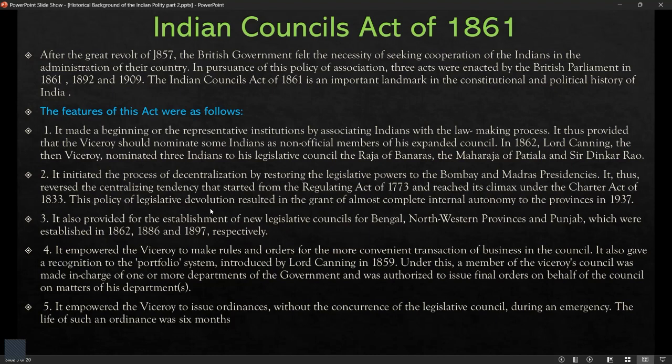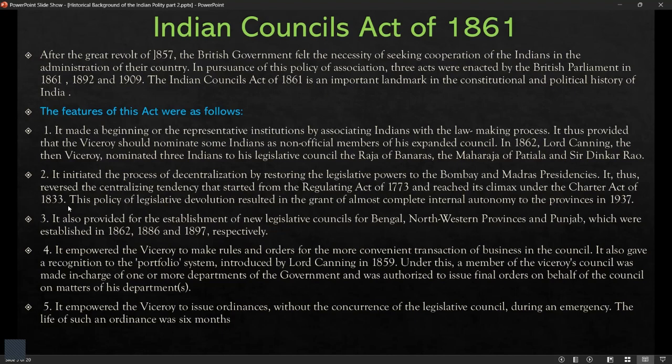This policy of legislative devolution resulted in the grant of almost complete internal autonomy to the provinces in 1937. So now things came back to a situation like before 1773, when all three presidencies had the autonomy to run everything on their own.